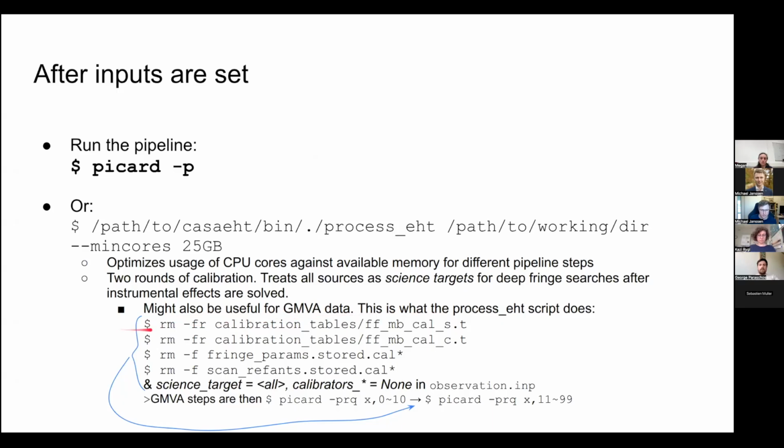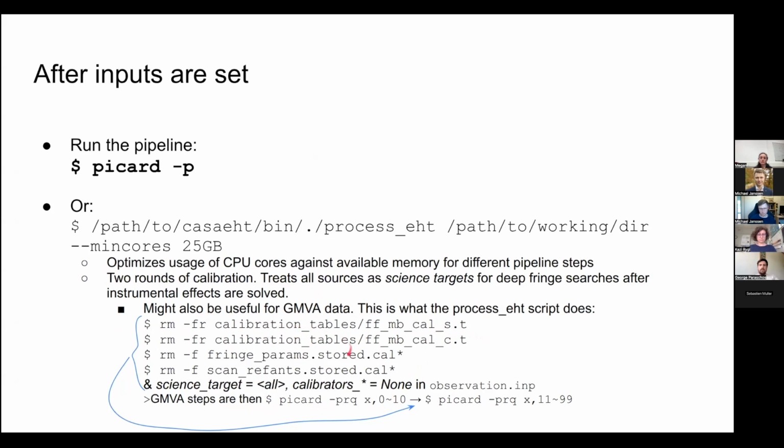So here I put down the steps that are essentially run by this process EHT script. For example, if you want to do this in a GMVA run, you can do this by first running Picard, selecting only these steps, running steps 0 to 10. Then you have done all the instrumental calibration steps.